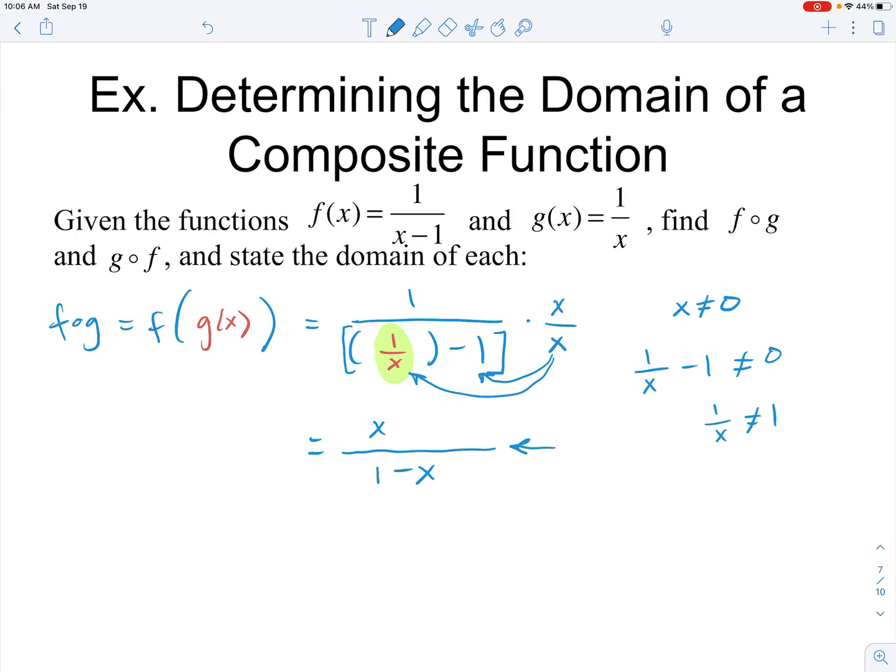And then if we multiply by x on both sides, we would get that x cannot be equal to 1, or you could even solve that by inspection, just looking at the equation. So the domain of F composed with G is negative infinity to 0, union 0 to 1, union 1 to infinity, so that we exclude 1 and 0 from the domain.